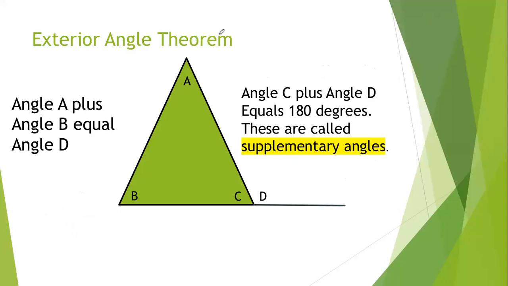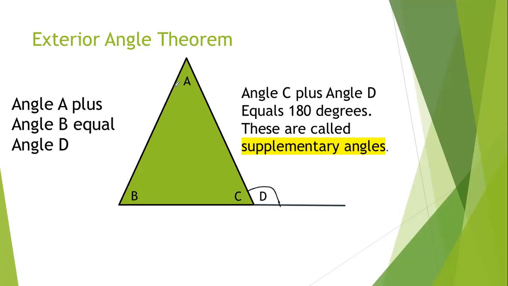The exterior angle theorem says that angle A plus angle B equals angle D. What does that mean? Exterior means outside. So this angle D is on the outside of the triangle. It should be equal to the 2 angles that are not adjacent, or not next to that angle.